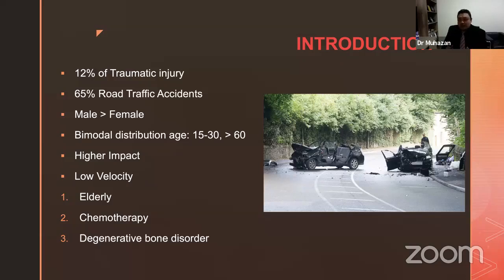But to be honest, the other distribution, the elderly and those with comorbids, also can be involved in pelvic injuries, especially elderly people whose bones are osteoporotic, those undergoing chemotherapy, and those with degenerative bone disorders. So the elderly and the comorbid population could also be involved in pelvic injuries.